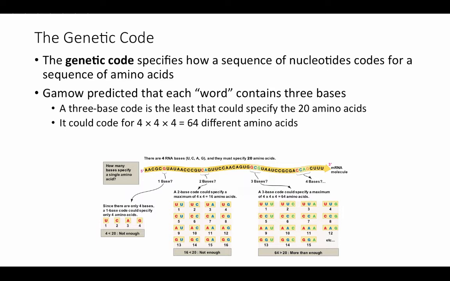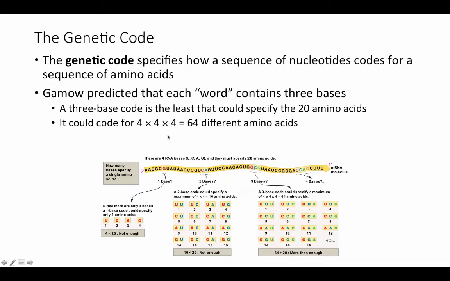So a 3-base code is the smallest that could specify 20 amino acids. If you have a 3-base code, there are 4 different nucleotides. That gives you 4 times 4 times 4 equals 64 different possible combinations.